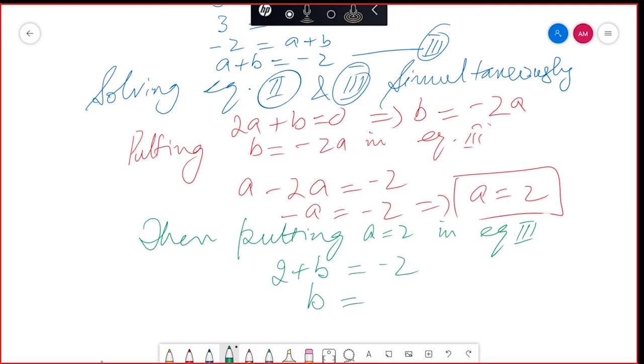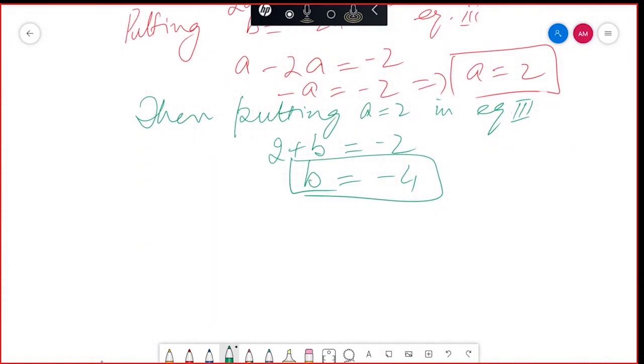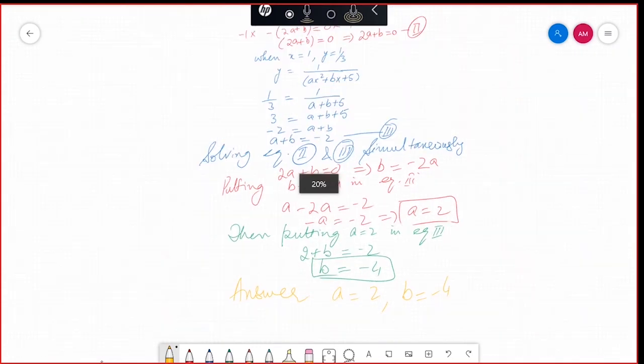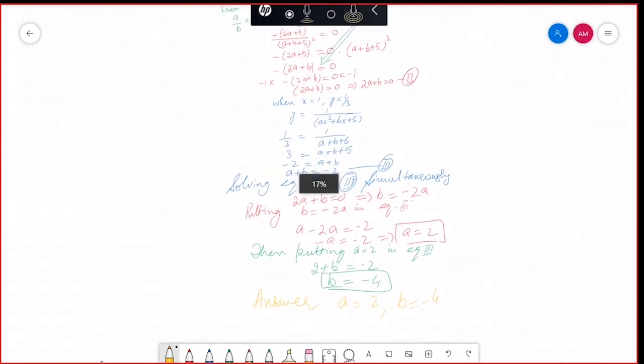So b is equal to minus 4. So these are our answers: a is equal to 2 and b is equal to minus 4. This was a little tricky question, but we found how to do it.